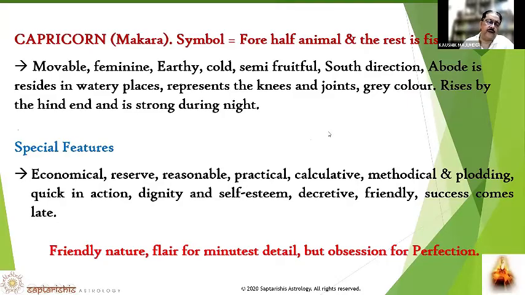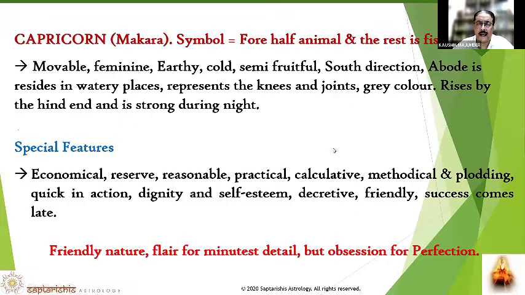The special features of Capricorn: they're economical. They understand the equation of finance very well. Reserved, reasonable, practical, calculative, methodical, and plodding. Quick in action, dignity and self-esteem, discreet, friendly.